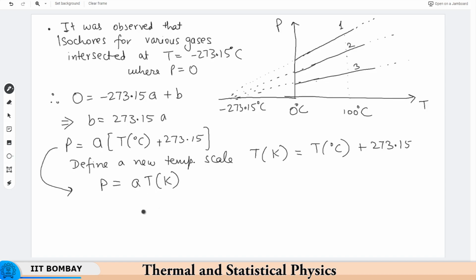And again, remember now we have an expression that the temperature in Kelvin units is proportional to the pressure of the gas, but we have to benchmark it against something, right. And one of the most convenient ways to do that is to use the triple point of water, okay.